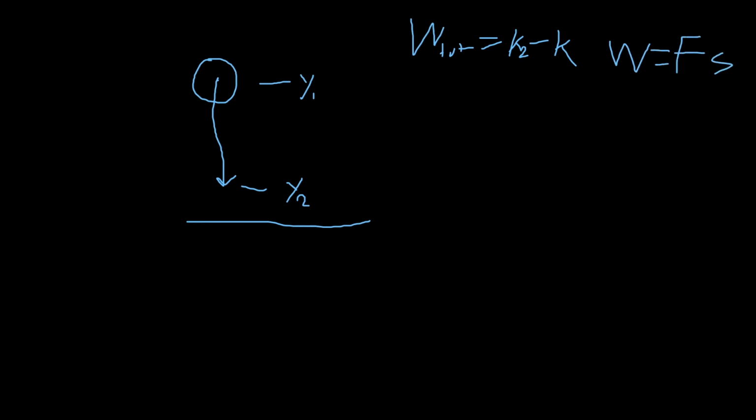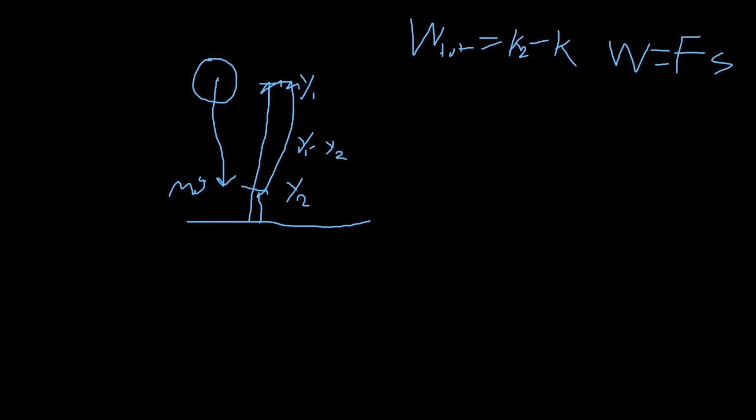Now we just need to find our work, which we can see from here should be mg, and then we have our displacement, which is the difference between these two. So we'll go from y1 to y2, and then the difference is y1 minus y2. So that's our displacement there.